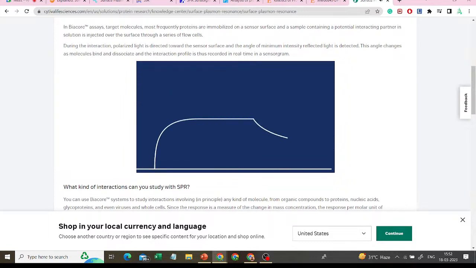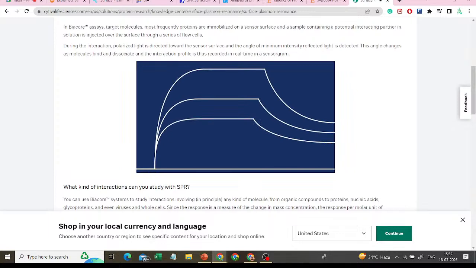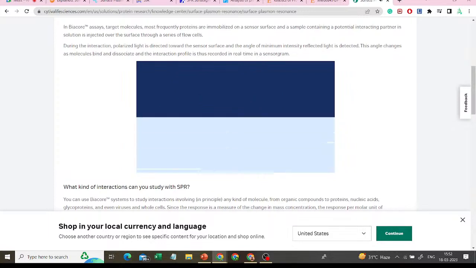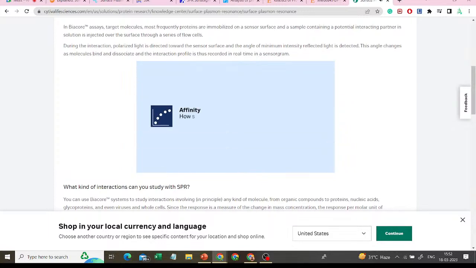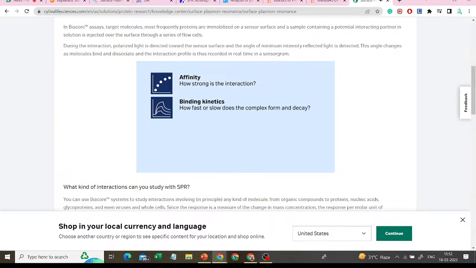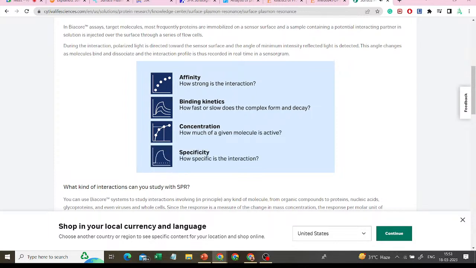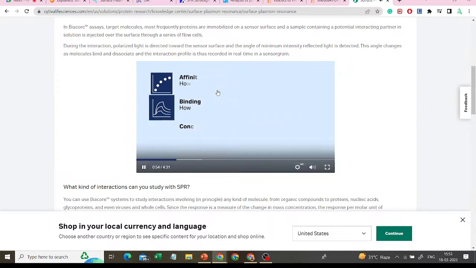Using SPR, you can study many different aspects of an interaction. These include affinity: how strong is the interaction? Binding kinetics: how fast or slow does the complex form and decay? Concentration: how much of a given molecule is active? Specificity: how specific is the interaction?